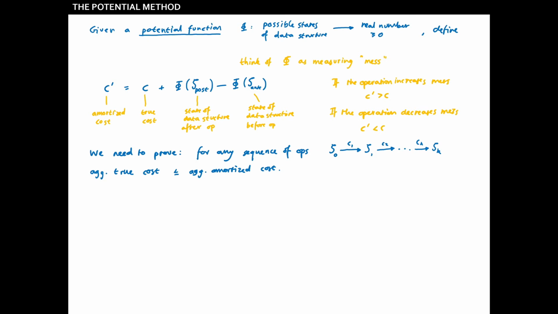I'm going to start off with the right-hand side, the aggregate amortized cost of this sequence of operations. I'm just going to sum up the terms.